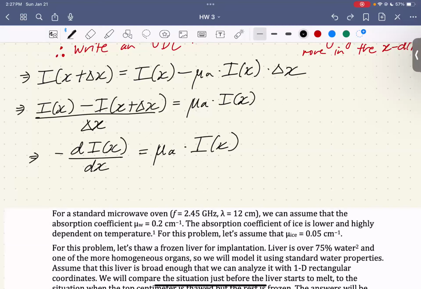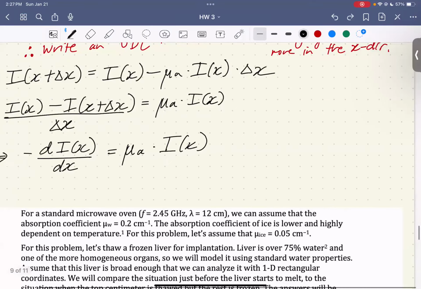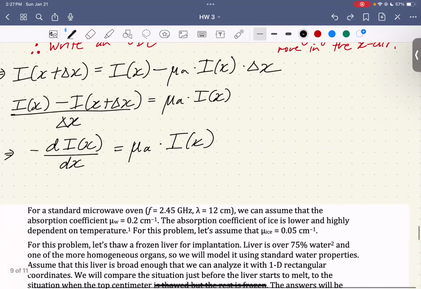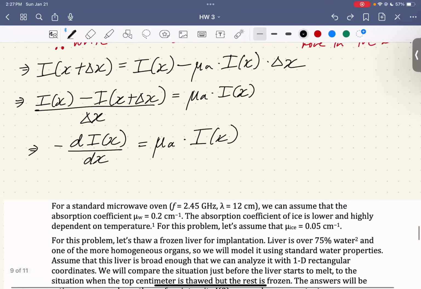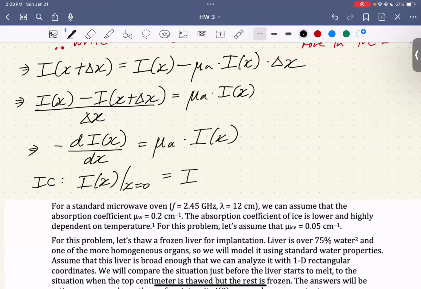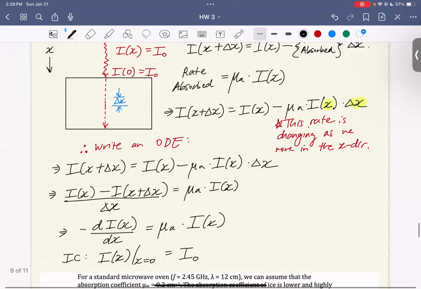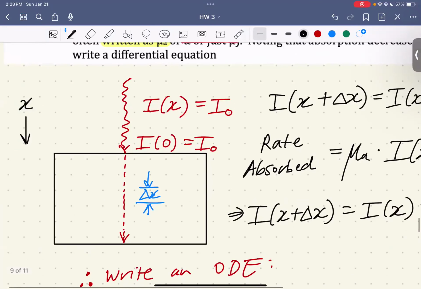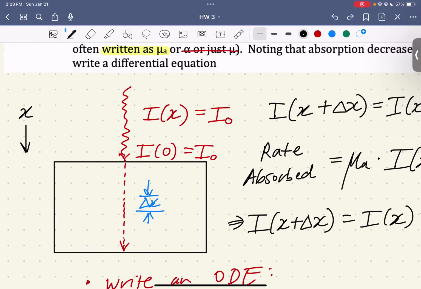So this result, we all know it's the basic ODE that we can already know the solution to. And we know, as we talked about, the initial condition for this, I'm just going to write that IC, initial condition, is I of x at x equals 0 is I naught, because we said that it does not change in the air and only when it hits that object.